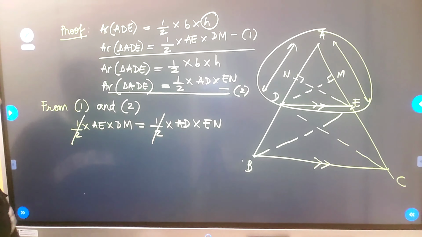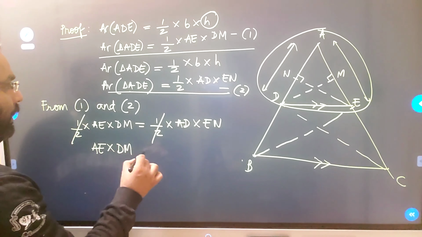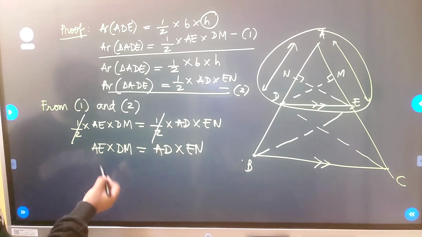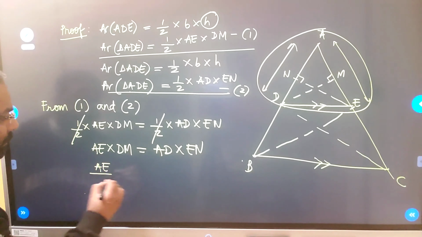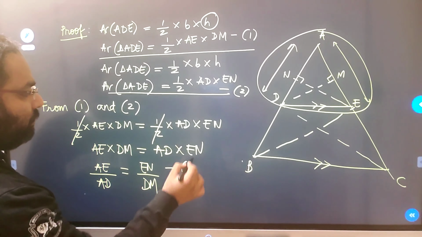Cancel off the half, and you get AE into DM is equal to AD into EN. Bring the AD down, so I have AE by AD is equal to EN by DM. Let's call this equation 3.